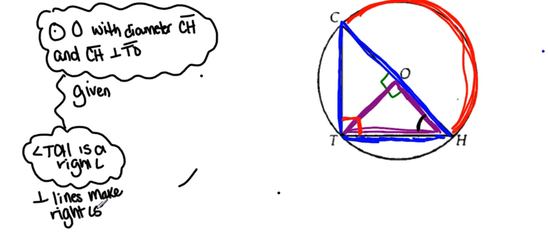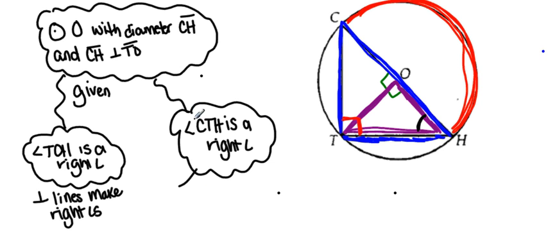The other thing I know from this given, that gives me my inscribed angle, gives me my semicircle, my inscribed angle at point T. That tells me that angle CTH is a right angle. And that's because an angle inscribed in a semicircle is a right angle.